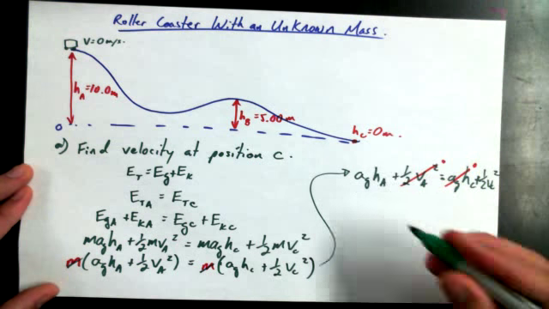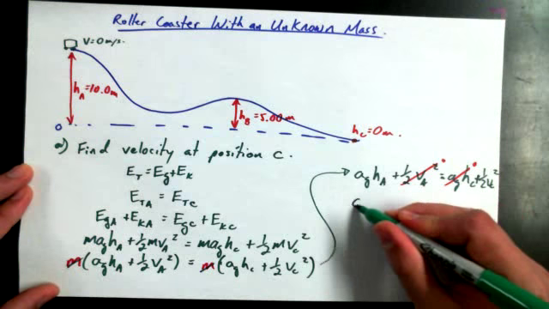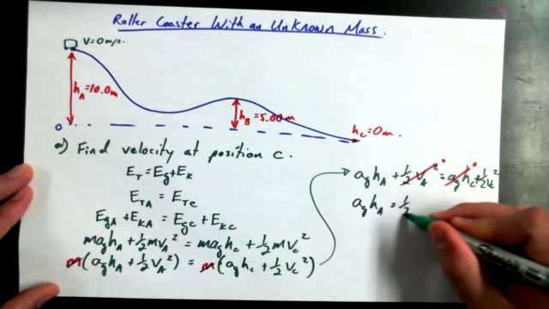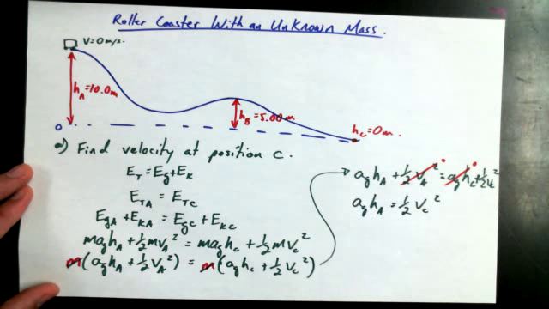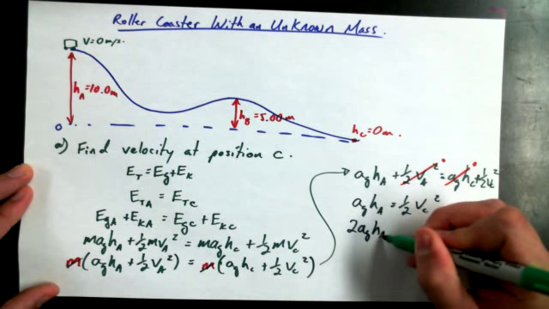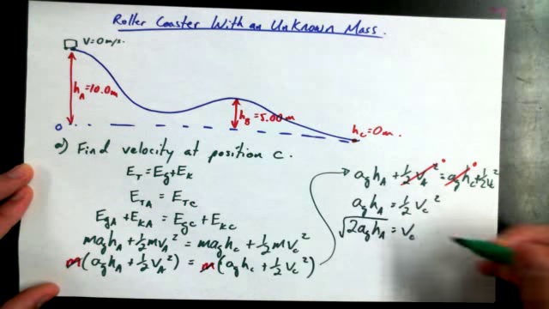And so I can simplify this formula even further for this particular position. I could say that acceleration due to gravity times height at position A is equal to 1/2 VC squared. And if I want to get VC by itself, I multiply both sides by 2 and then square root both sides. So I get 2 times acceleration due to gravity times height A, all square rooted, is going to be equal to VC.